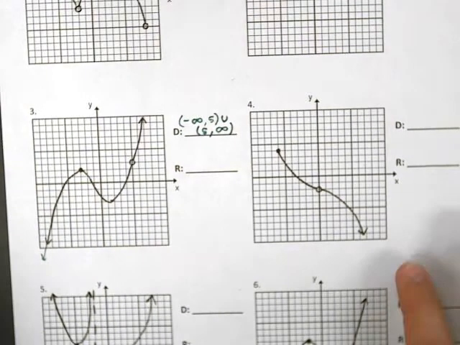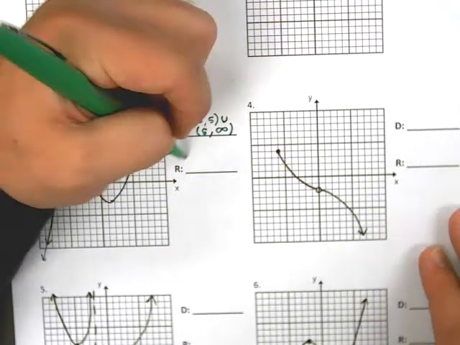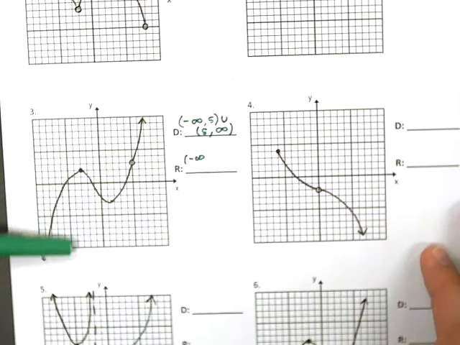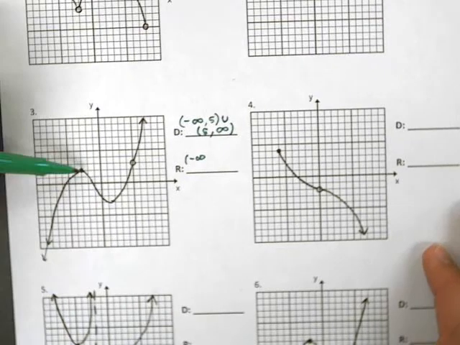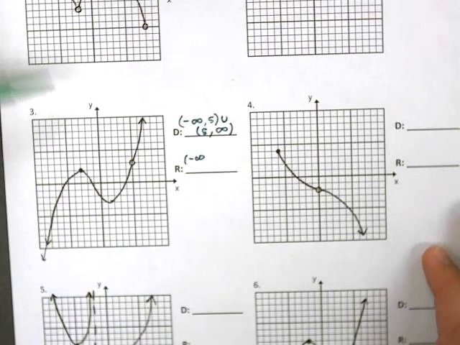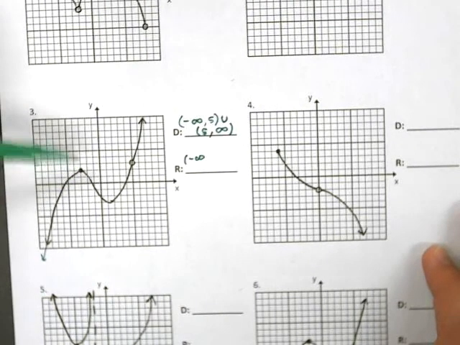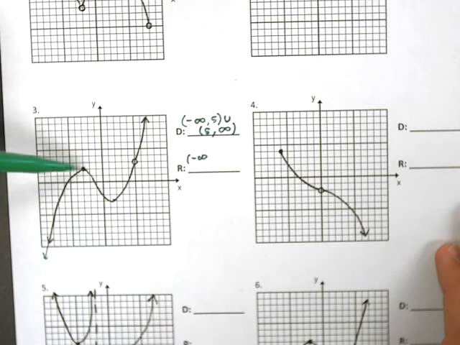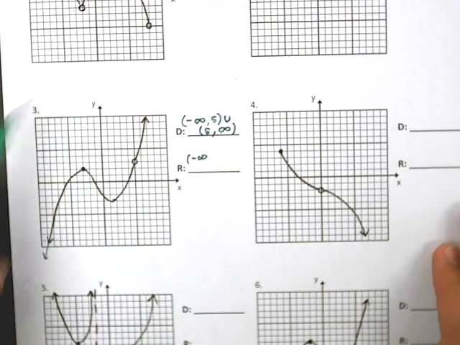How about the range? Let's take a look. Well, we already said it's going down forever. So hopefully we can all agree that that means negative infinity. And we're going up, we're going up. There's y values for everything here, here, here, here. Ooh, interesting. And all the other ones, we've always just kind of been able to include the point that was really a hole because there was another section of the graph. But do we notice here? This hole, if we go across, there's nowhere else in this graph that has a y value of positive 3.